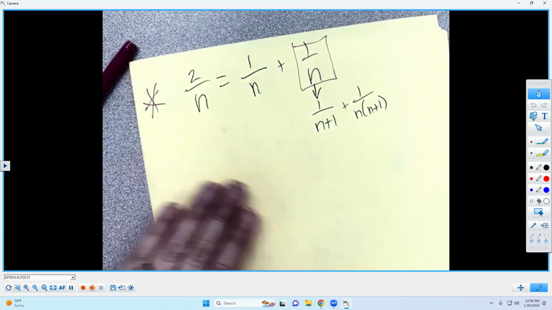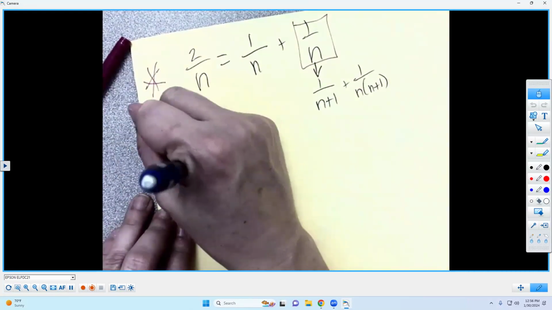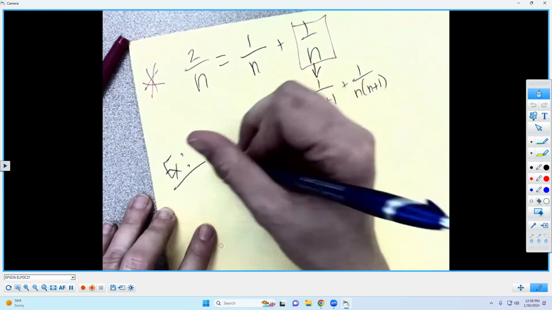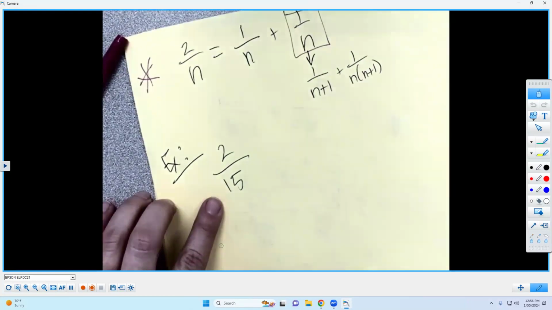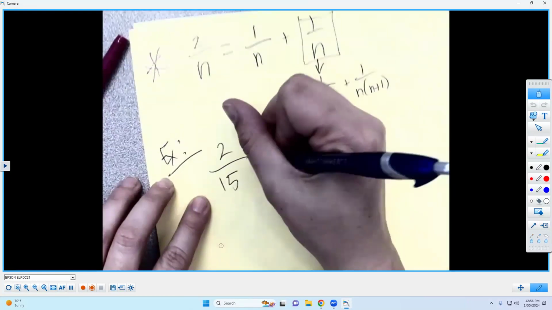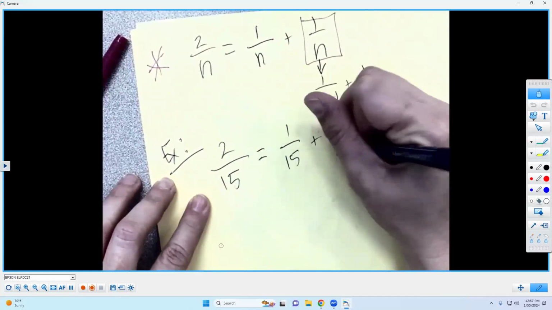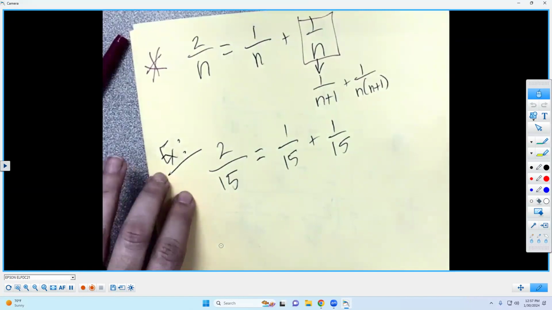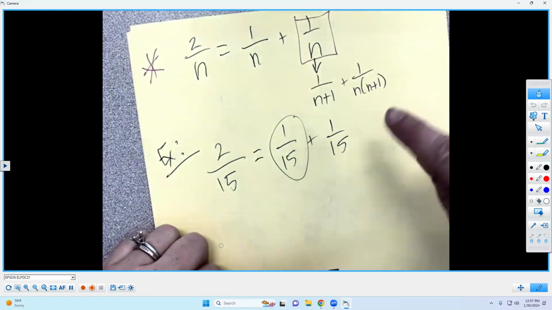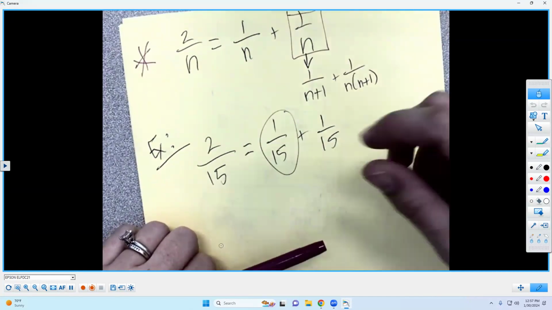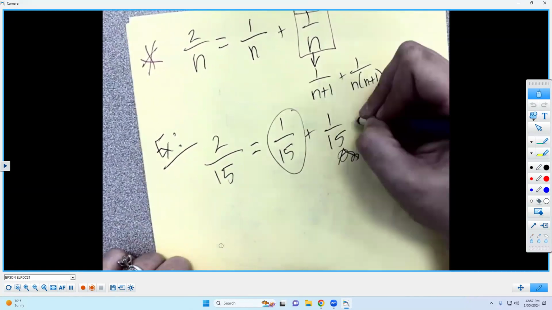So let's do an example of that. Let's do 2/15. 2/15 is 1/15 plus 1/15. I'm allowed to have one version of the 1/15, right? This is the one that I need to break up now. So I'm going to write it like this.